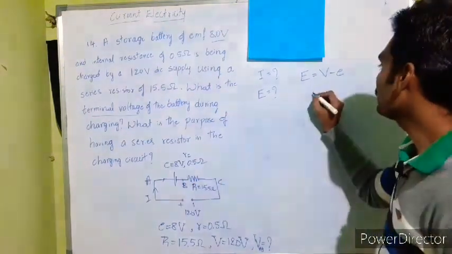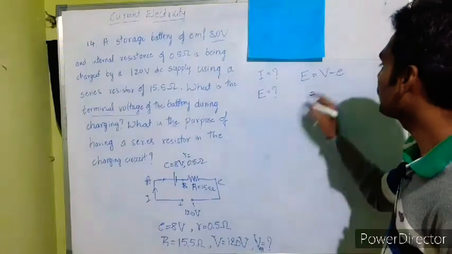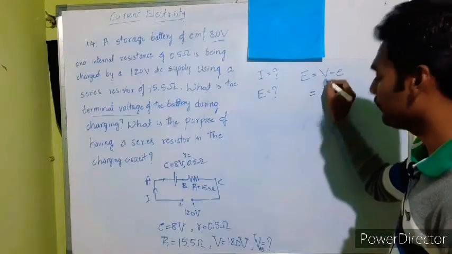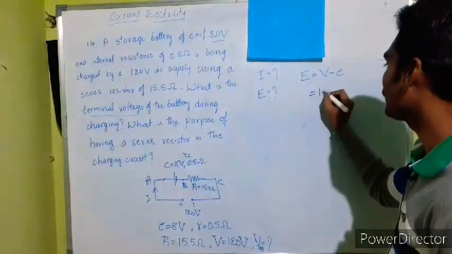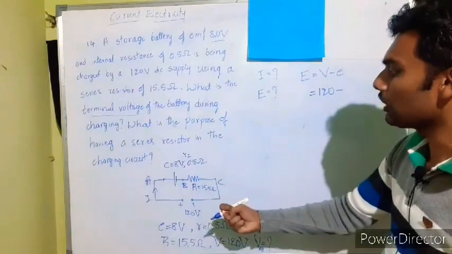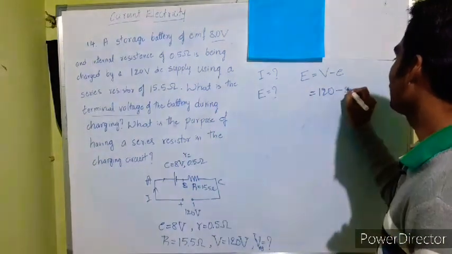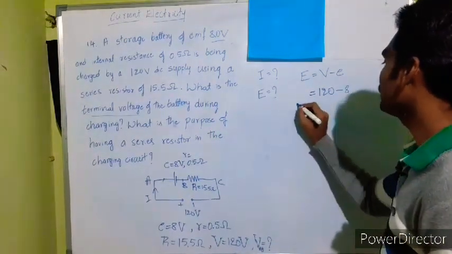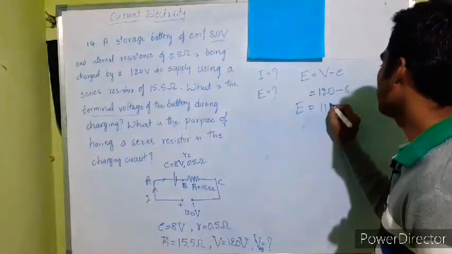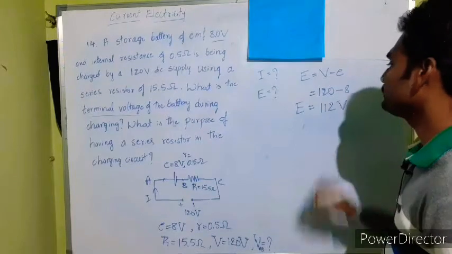So now the EMF of the entire network can be obtained using this formula. We have 120 volts supplied, minus e, which is drawn from the circuit, which is 8 volt, and hence the EMF of the circuit left is 112 volt.